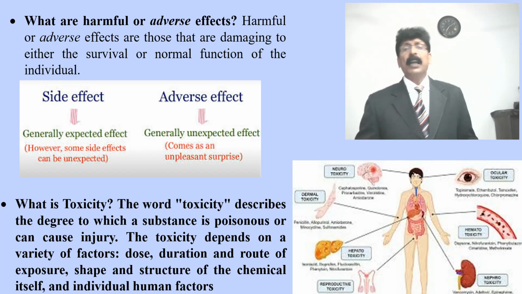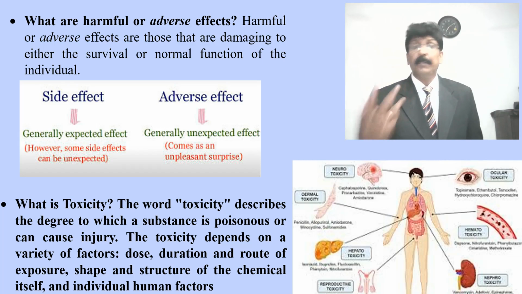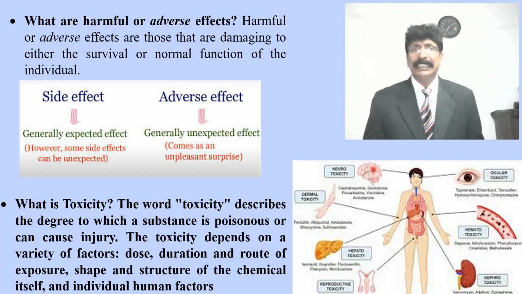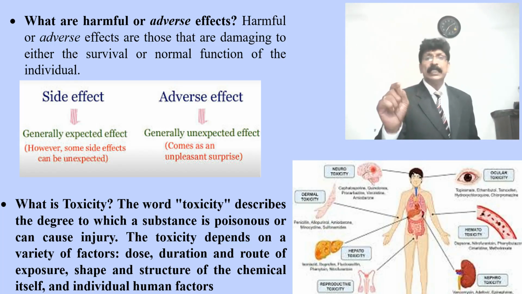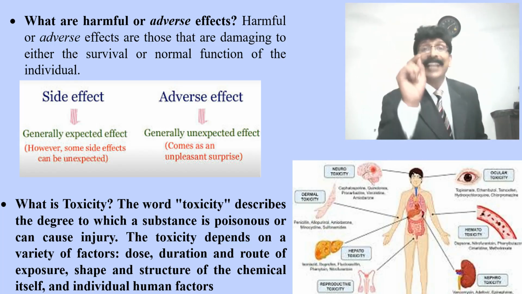And when we come to the definition of toxicity, you should know what toxicology means. The word toxicity describes the degree to which a substance is poisonous or can cause injury.